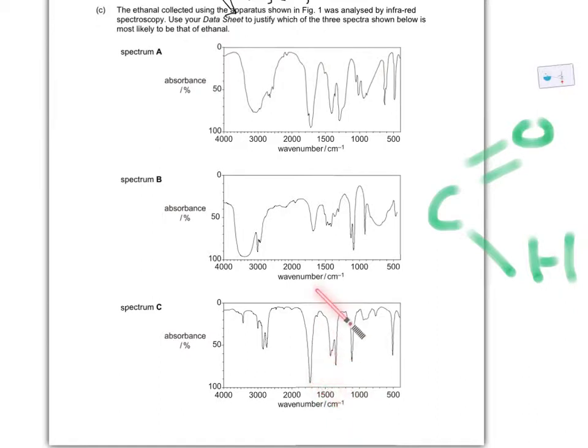Now, as we can see, all three spectra have this particular peak. However, spectrum A and B also have a peak of a hydroxyl or OH, which could be either due to a carboxylic acid or an alcohol, and ethanal clearly does not have any of these peaks, so the correct answer is C, as it has the absence of any OH absorption in this area here.